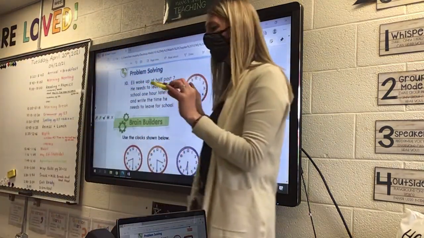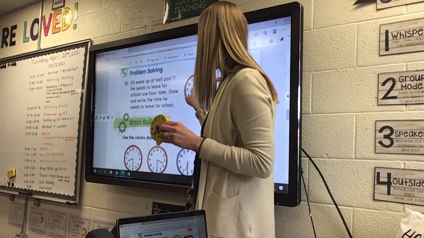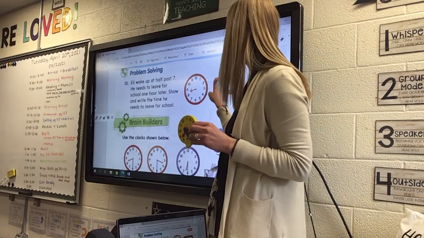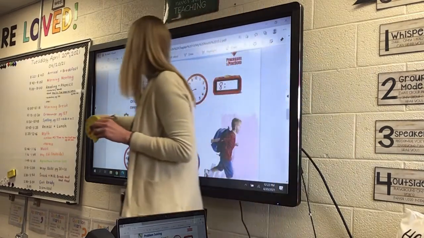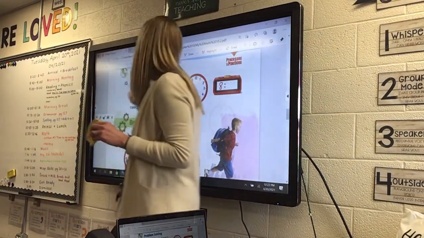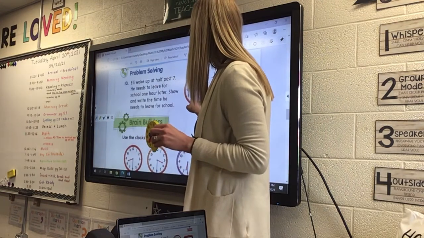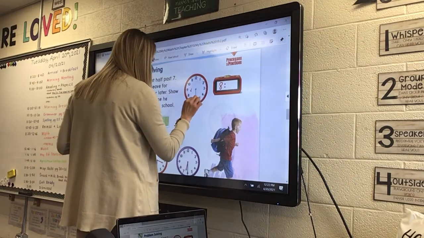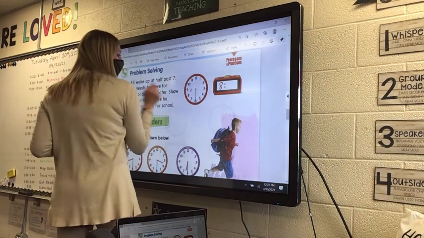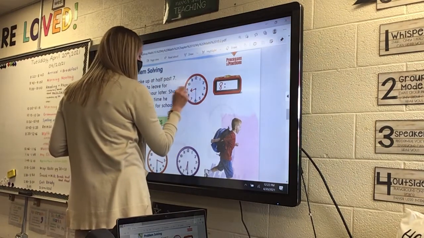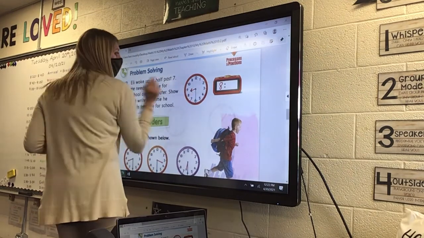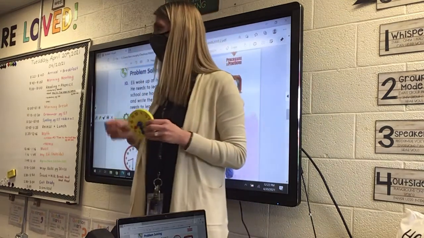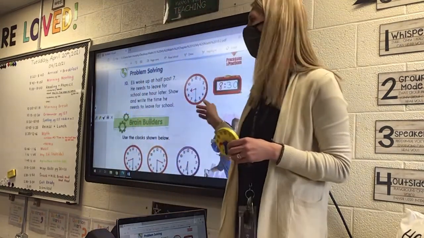All right. So let's do our little hand has to be between the 8 and the 9. And then our minute hand has to be all the way down at the bottom through the 6. 8:30.